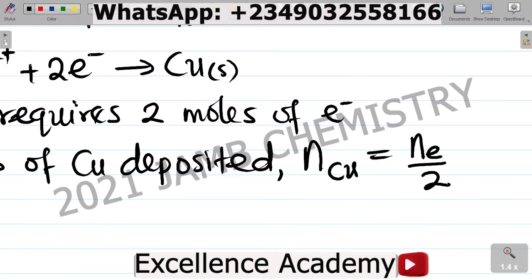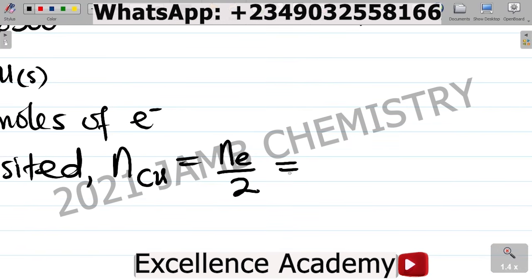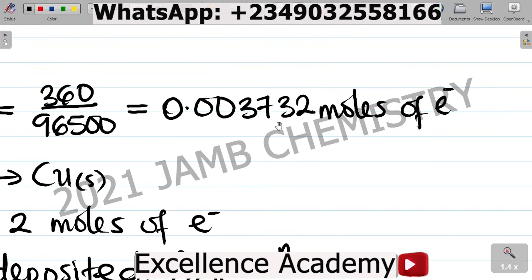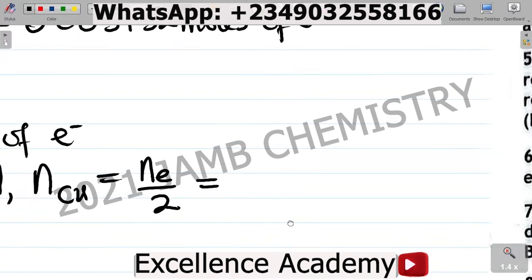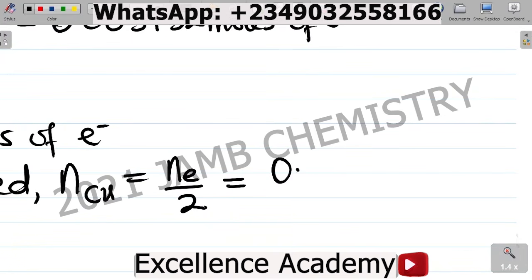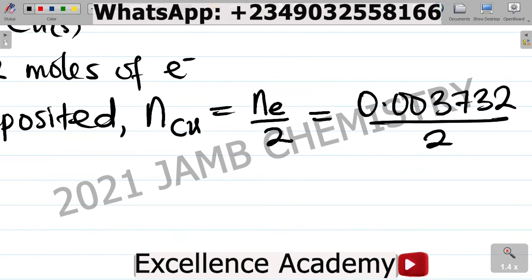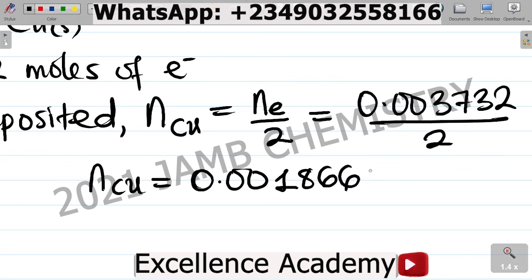If I input values, we got 0.003732 earlier. So 0.003732 divided by 2. The number of moles of copper deposited would be equal to 0.001866 moles.